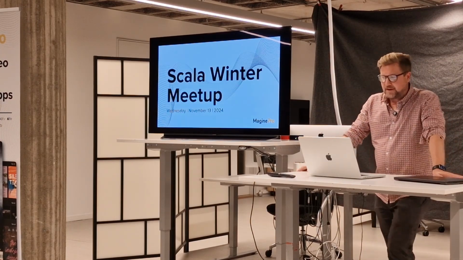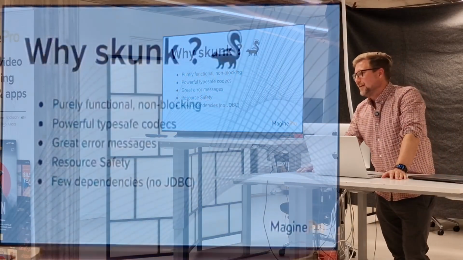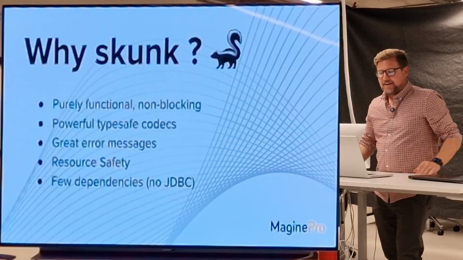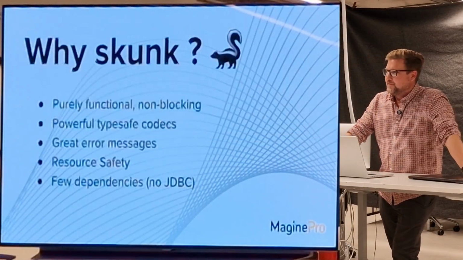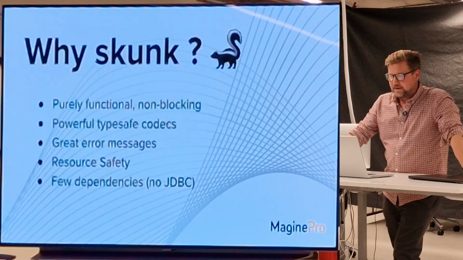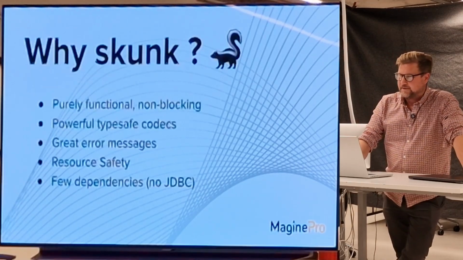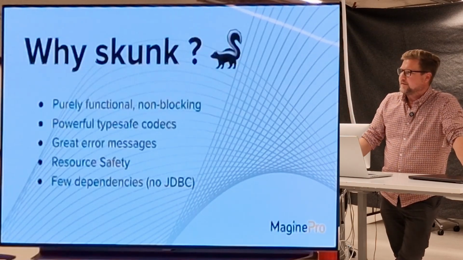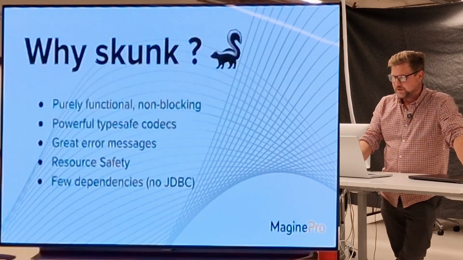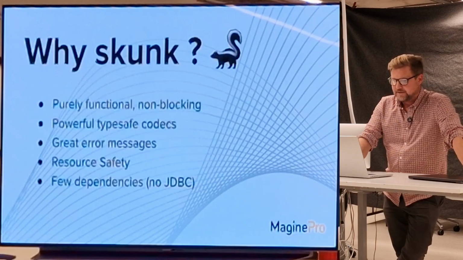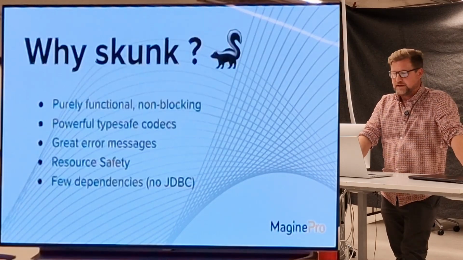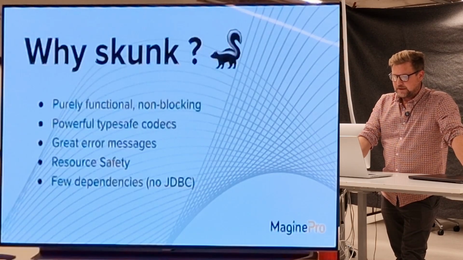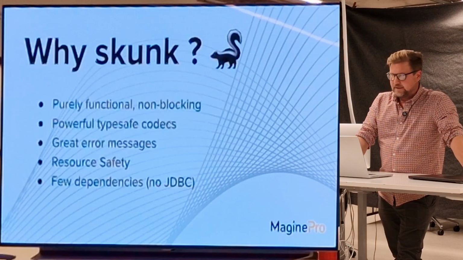So why Skunk? It's a purely functional, non-blocking library built on Cats Effect. It has powerful type-safe codecs, so mapping Scala types to Postgres types, which is neat. It has very good error messages as well, and resource safety.